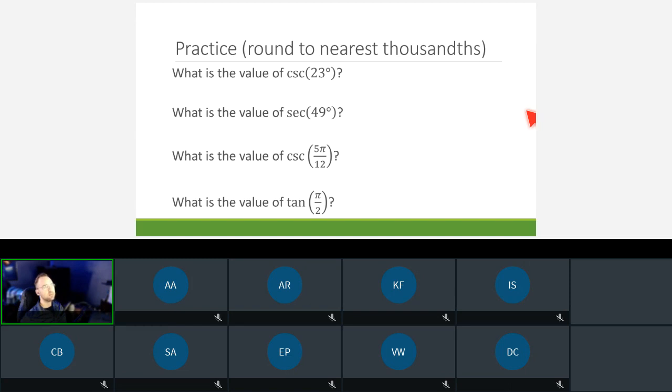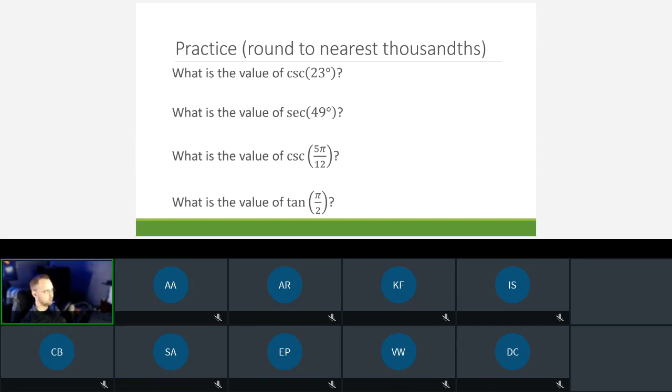So it looks like somebody's saying 1 divided by sine. So cosecant, what trig function is the inverse of cosecant? Sine is, yep.